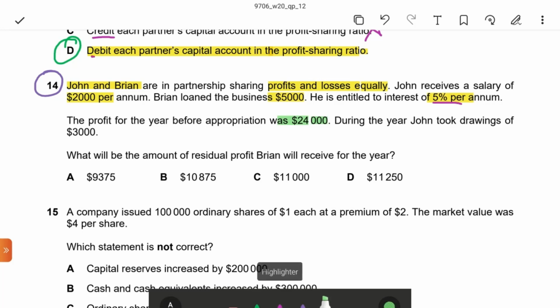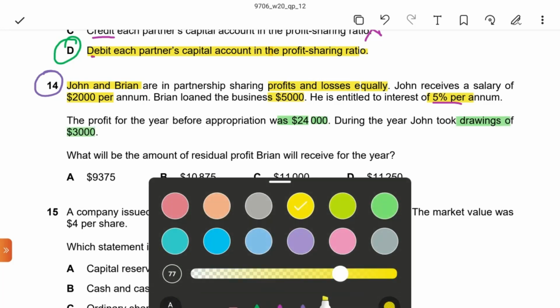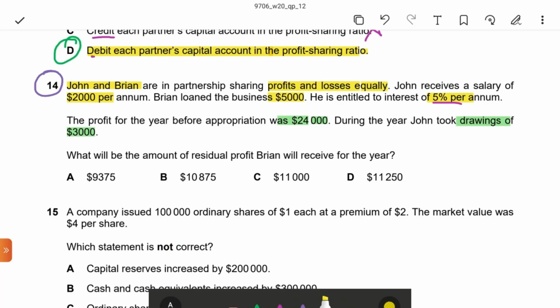Now, the profit for the year before appropriation is 24,000. Before appropriation means after the profit and loss account, after adjusting the loan interest and everything. The 24,000 is the profit before appropriation. And they are given drawings of 3,000. What is the question? The question is, what will be the amount of residual profit?